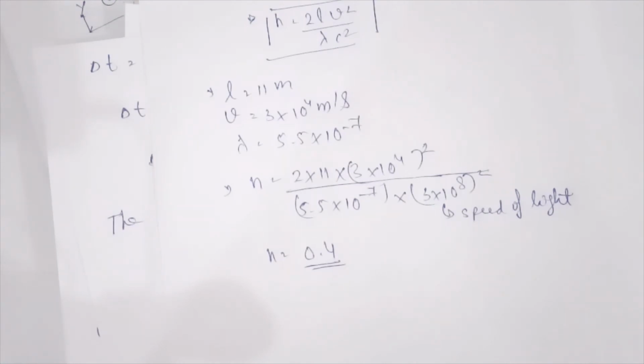Hence, the hypothesis of the existence of a stationary medium was disproved. Now, some of the interpretations of the Michelson-Morley experiment, which are negative, are the ether drag hypothesis, the Fitzgerald-Lorentz contraction hypothesis, and the constancy of speed of light hypothesis.